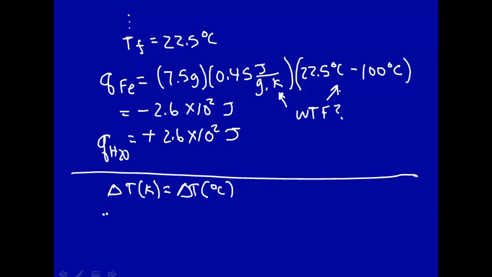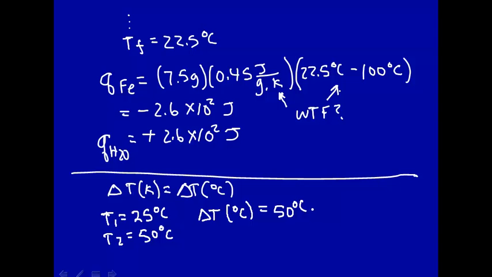Suppose our first temperature, T1, is 25 degrees C, and T2 is 50 degrees C. So delta T in degrees C will be the final temperature, 50 degrees C, minus 25 degrees C, and that's 25 degrees C.